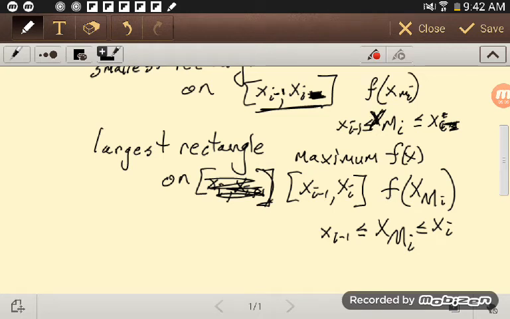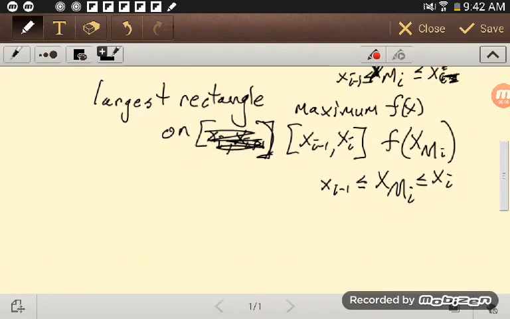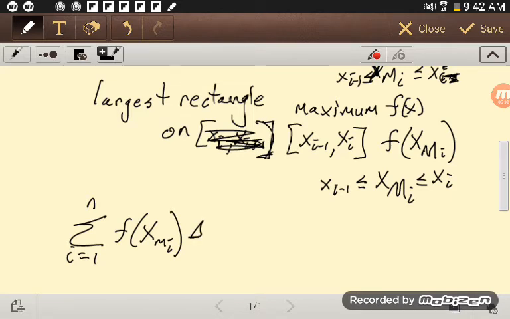Okay, so then if we have that, what we would say is the sum, and here in both of these we can start i at 1 because we're talking about the m's here. So 1 to n. We're going to take f of x sub small m sub i times our delta x in general.